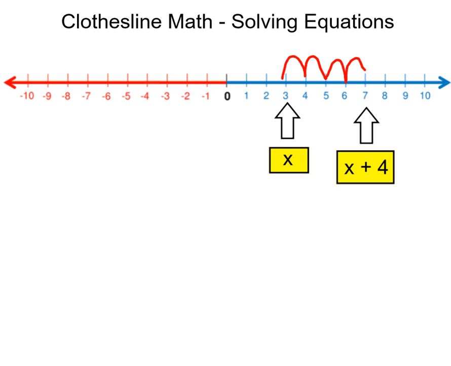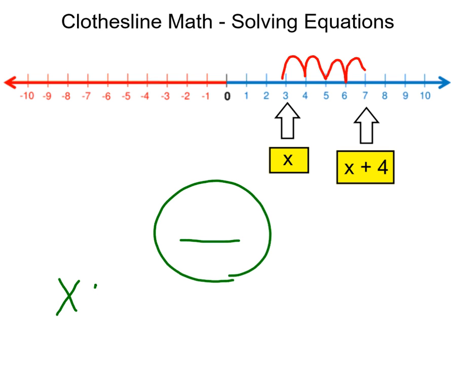Notice that if x plus 4 was something, how did we get x? We subtracted. And as an equation, if I wrote that out, x plus 4 equals 7, how would I properly show my work?